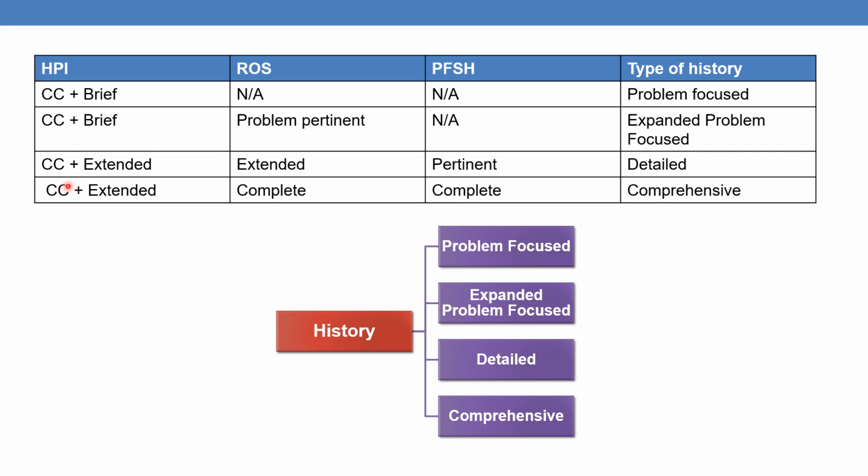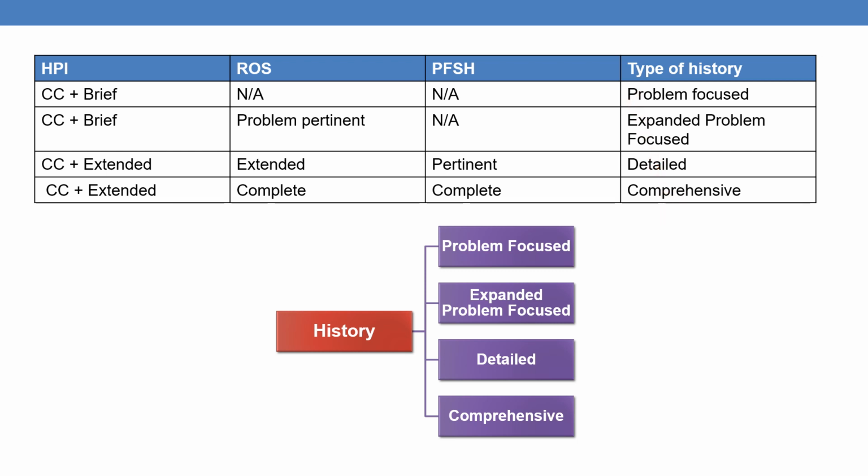When there is chief complaint plus extended HPI plus extended ROS plus pertinent PFSH, then the type of history is detailed. When there is chief complaint plus extended HPI plus complete ROS plus complete PFSH, it leads to comprehensive type of history.